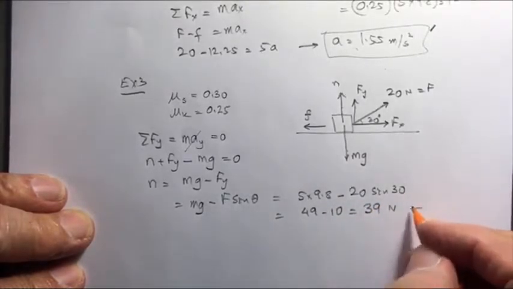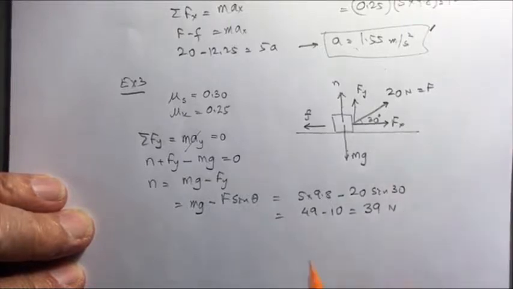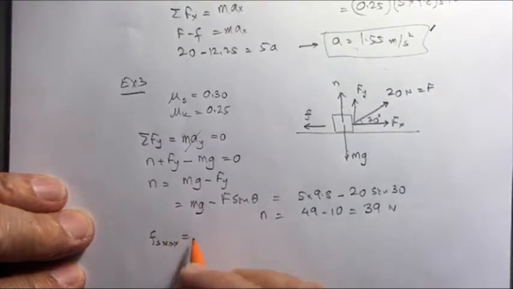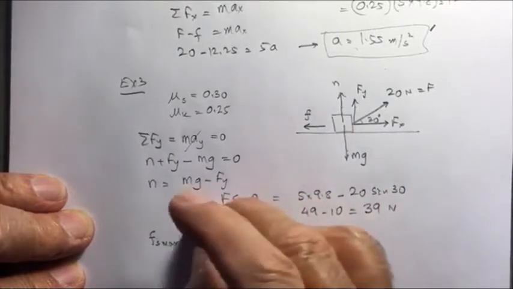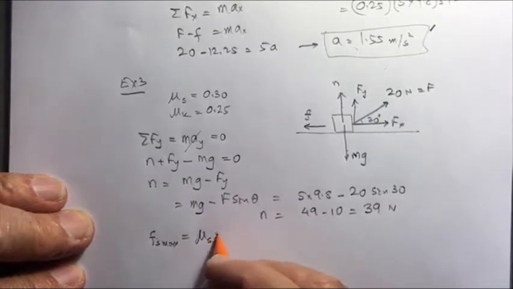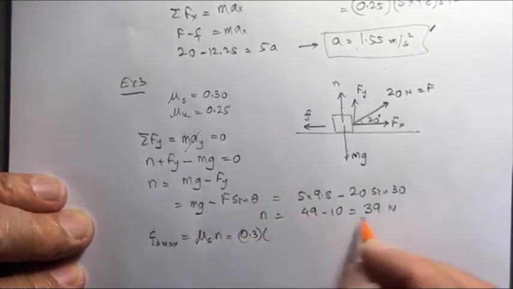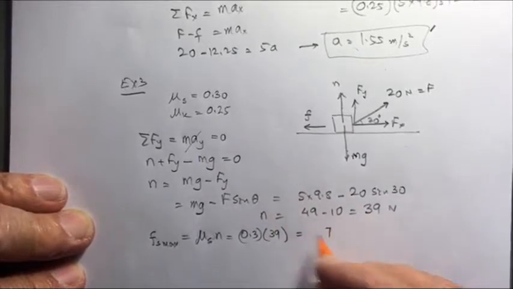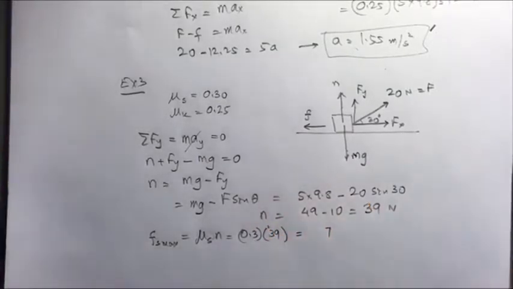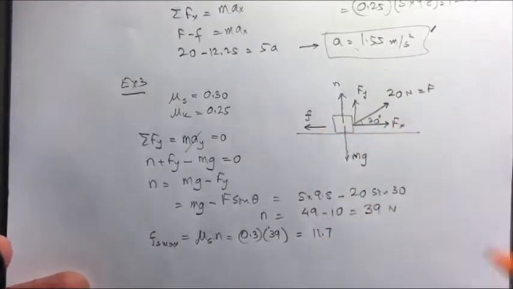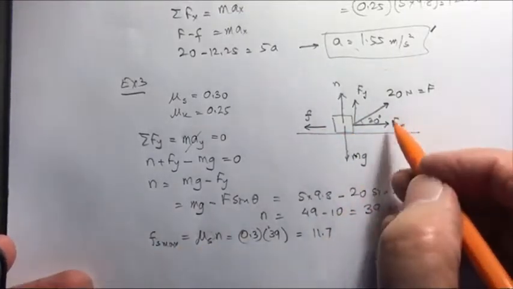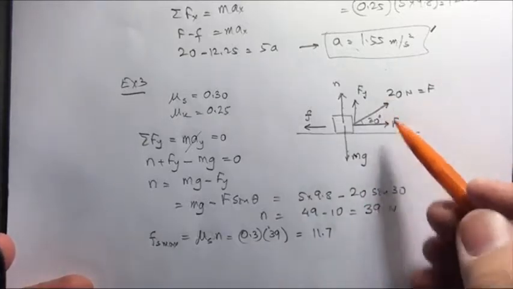That's the normal force, N. Therefore the maximum static friction is mu s N, 0.3 times 39, which is 11.7. That's the maximum static force that's preventing it.